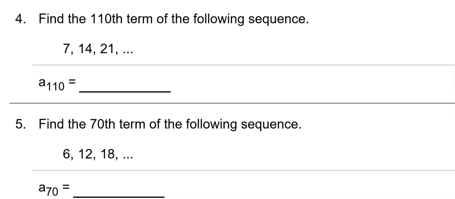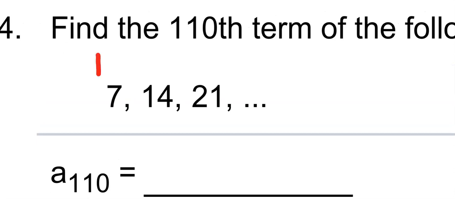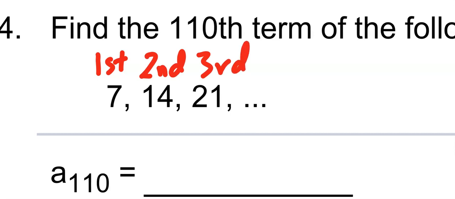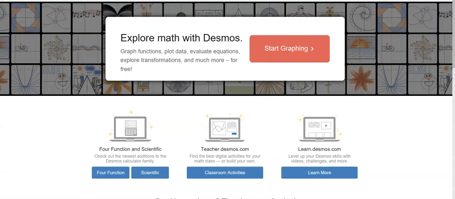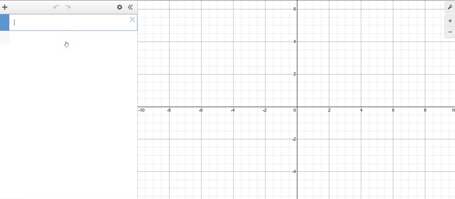Now, if you think about this just a little bit: first term, second term, third term, if you were to convert that into a formula, well, let's just take a look at what Desmos would say. I just want you to see something and see if it makes any sense to you. So, the first term is 7.